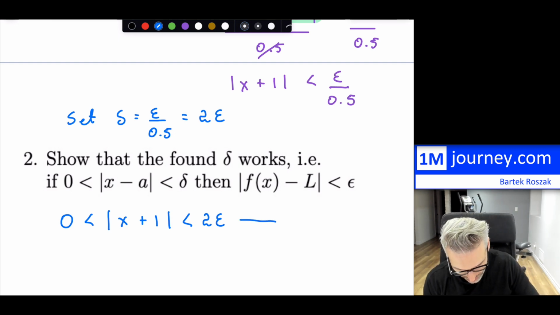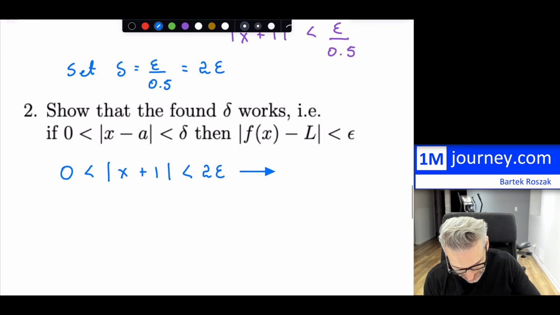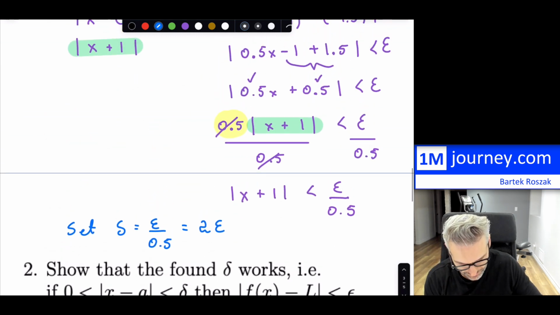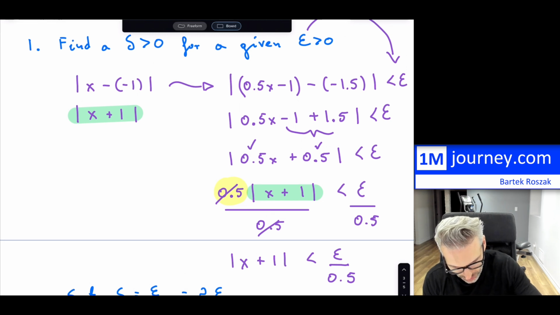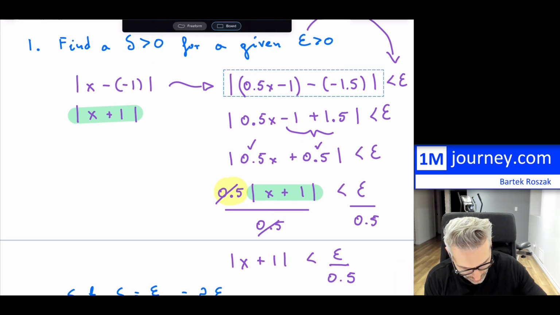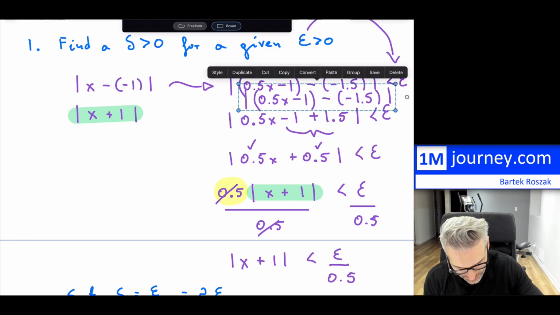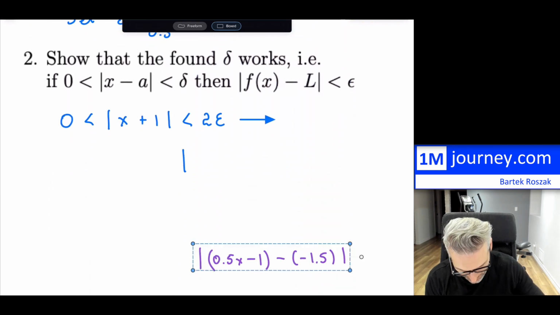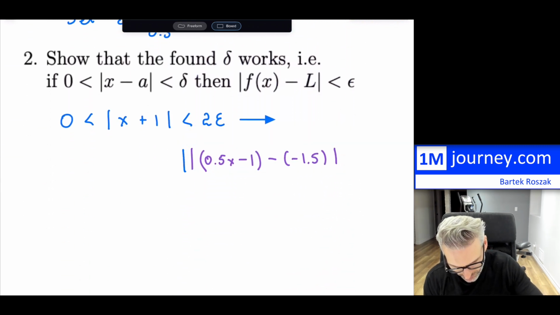And now we want to be able to show that f of x, well, in this case, I've already written it out, so let me copy it in here. We want to show that this, let's duplicate it, bring it back.